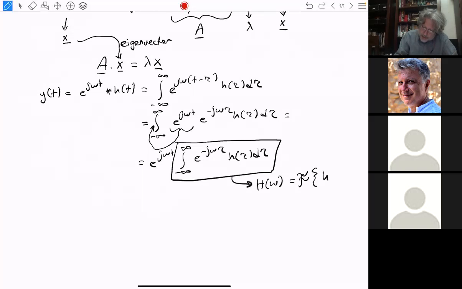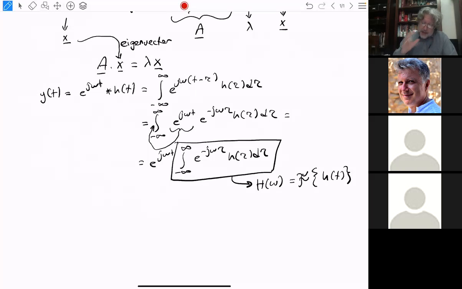We can write it as the magnitude times the exponential of the phase. But when you include the magnitude and the phase, what you get is the Fourier transform itself. It's not really just the magnitude, but the magnitude and the phase, which means the frequency response or the Fourier transform of h of t.